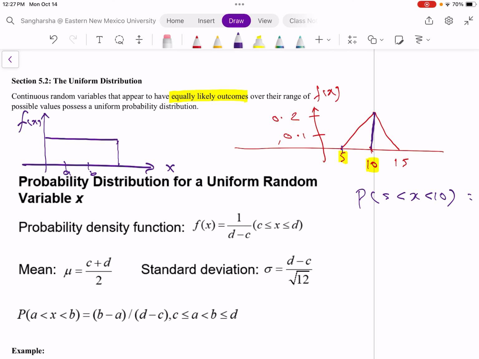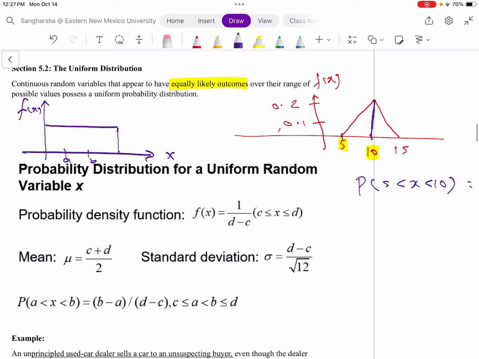It means that we have equally likely outcomes for this function. And if we have this kind of function, we call it uniform distribution. So this is our uniform distribution. The height of the function remains the same for all x values.